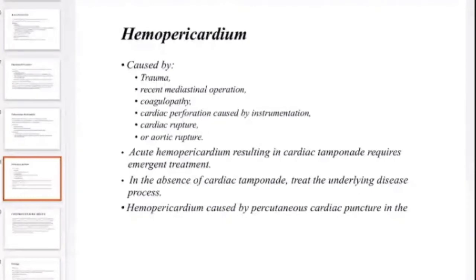And we should treat the underlying disease that led to the hemopericardium. Hemopericardium can also be caused by percutaneous cardiac puncture. During pericardiocentesis, maybe I rupture the left ventricle or right ventricle, and that also leads to a collection of hemopericardium.